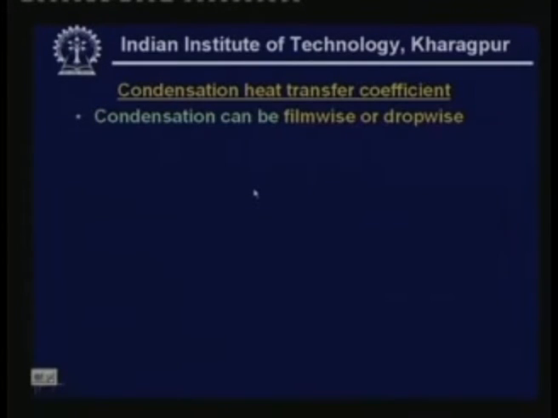Now, let us look at condensation heat transfer coefficient. Condensation can in general be film wise or drop wise. As the name implies, film wise condensation means the entire surface will be covered with a film of refrigerant. That means the liquid film covers the entire surface of the condenser tube, or a plate.